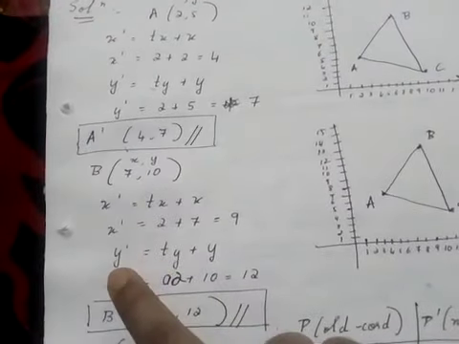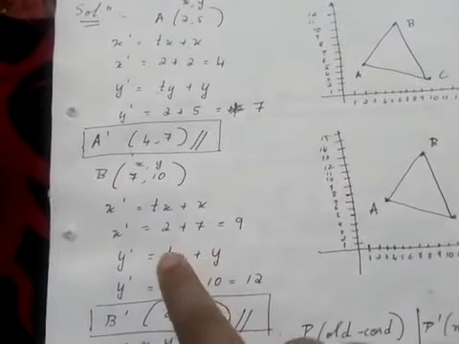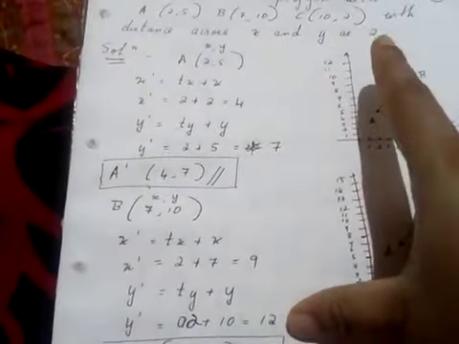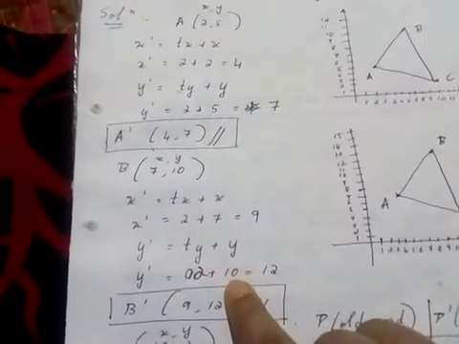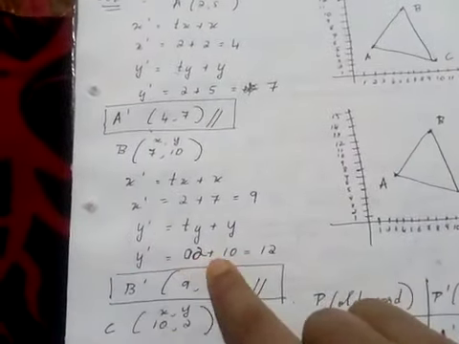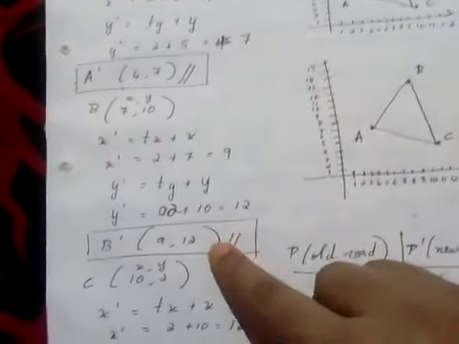And y dash is equal to ty plus y. Ty is already there, 2, and y is 10. So 2 plus 10 is equal to 12. So B dash is 9 comma 12. The old coordinate position was 7, 10. The new coordinate position is 9, 12.